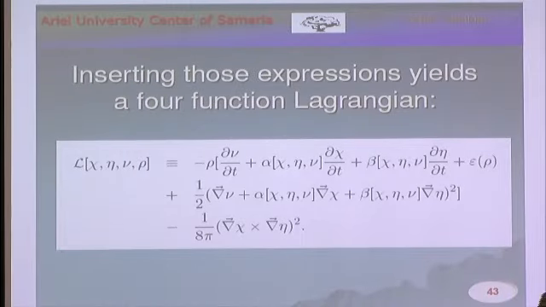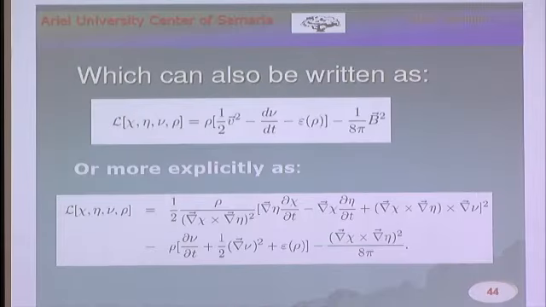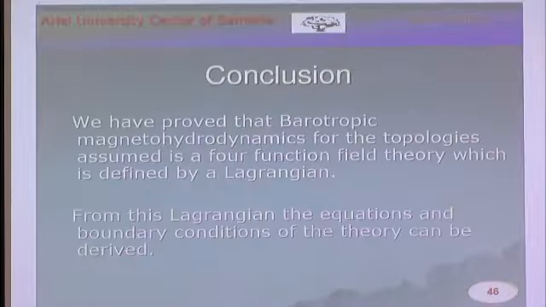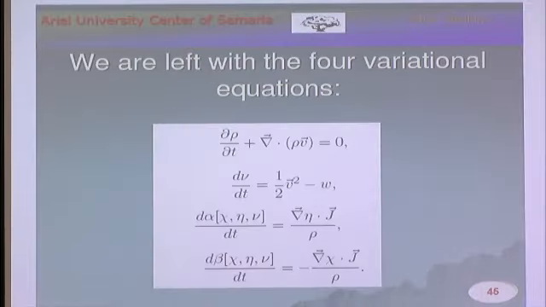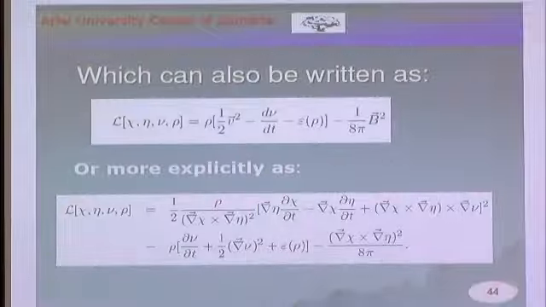Now, you can write the Lagrangian density in terms of those four functions, chi, eta, nu, and rho. And after rearranging things, you can have either a compact form in which v and B, of course, depend on the functions as we described before, or you can write it explicitly in terms of chi, eta, nu, and rho.